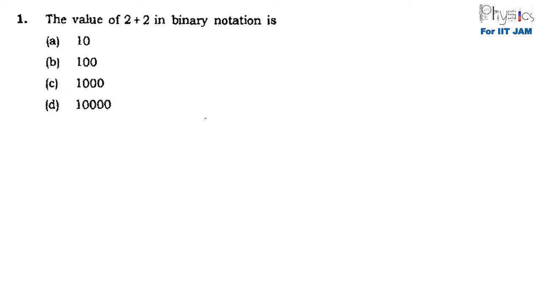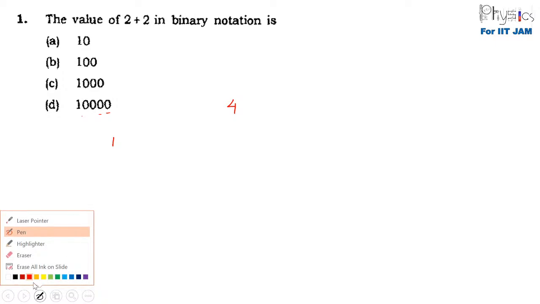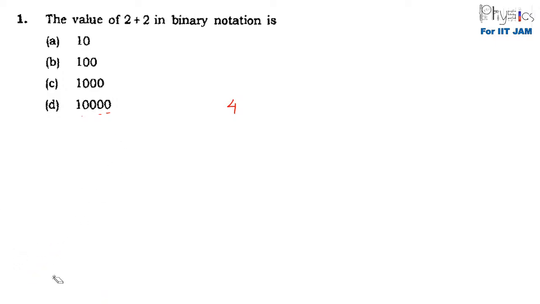Let's solve this problem. So 2 plus 2 means 4, right? Now remember one thing, that is, if we consider the positions, then these positions are 2 to the power 0, 2 to the power 1, 2 to the power 2, 2 to the power 3 and so on, right?